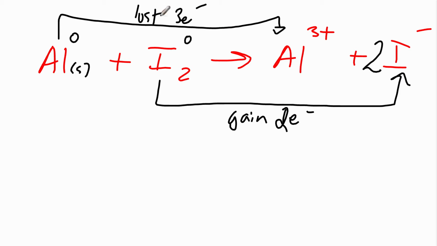So that would mean that I need to double this, and I double that. So that would be 6 electrons, right? And then to get 6 electrons here, I'd need to triple this and triple that.